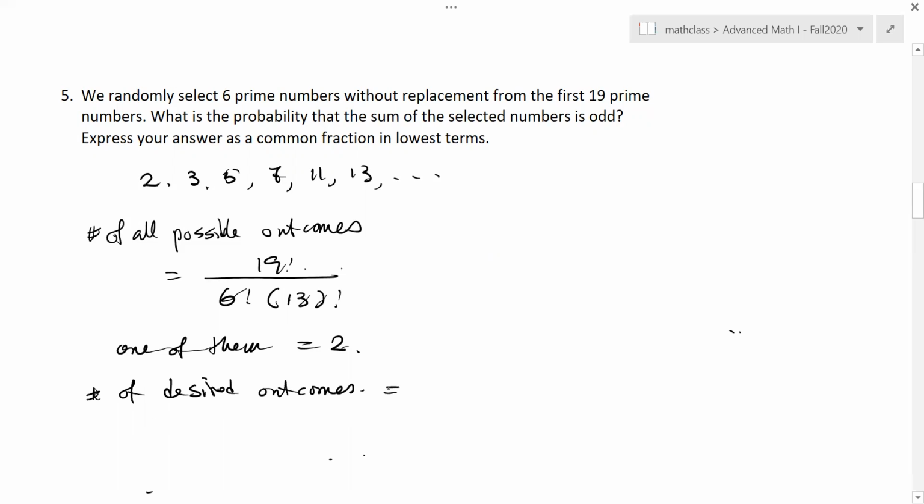All you have to do is select 5 out of 18 marbles, right? Because one of them must be 2, so it's already taken out. And then all you have to do is grab 5. So 18 factorial over 5 factorial times 13 factorial.